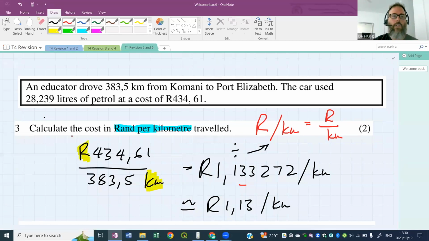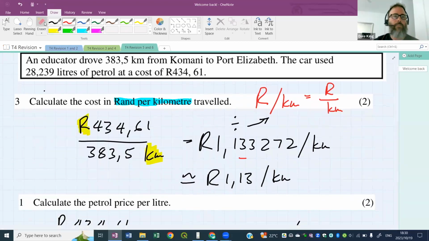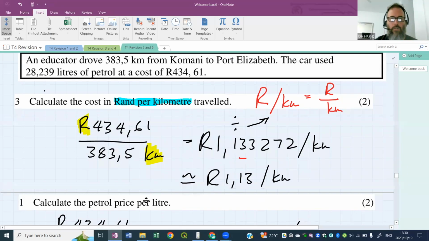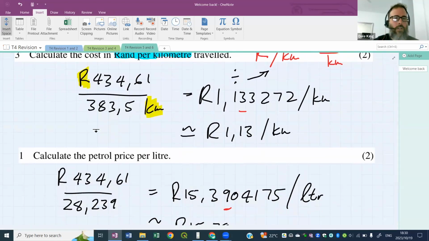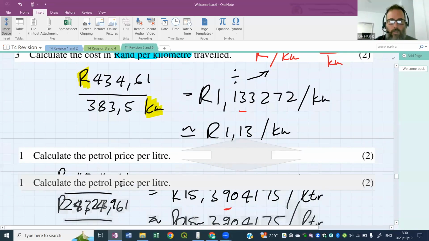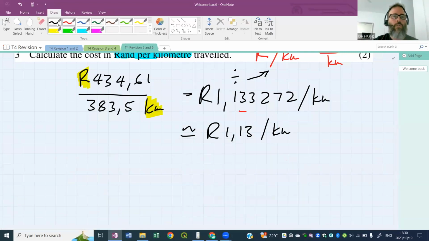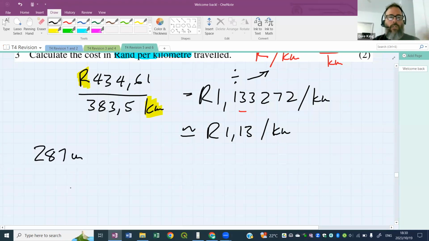All right. So let's create a little bit of space here and write an example. Let's say we had a question with 287 meters. You traveled 287 meters, and it took you 32 seconds.